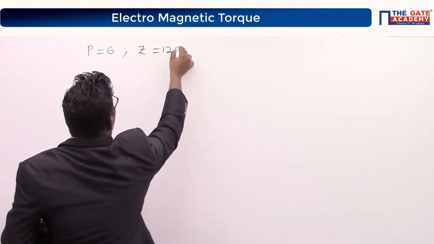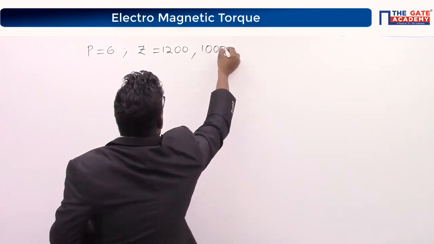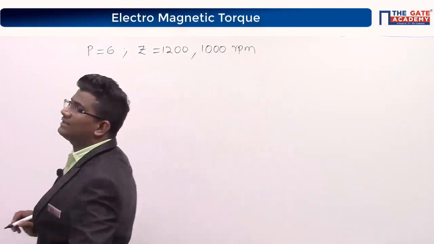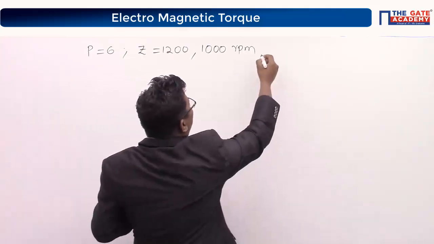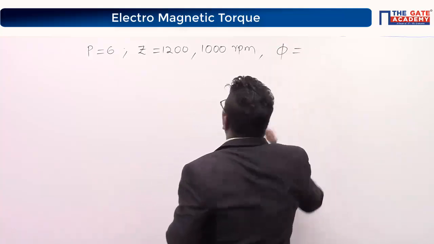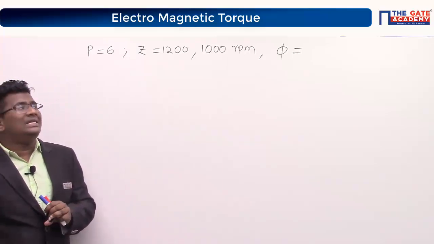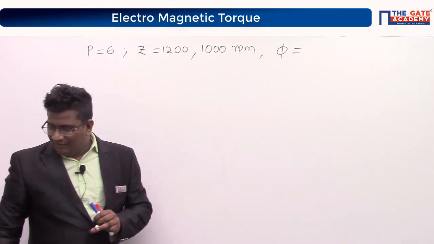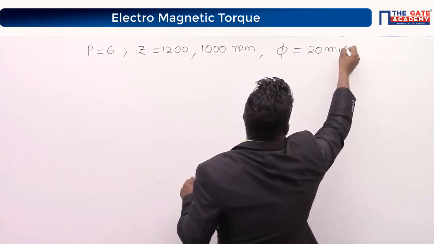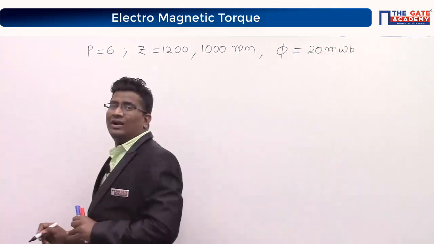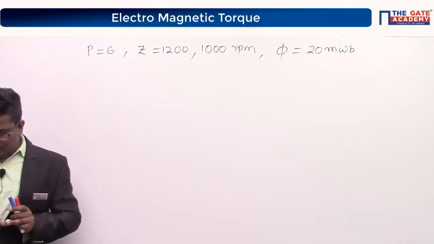A 6-pole, 1200 conductors, 1000 RPM DC generator operating with a flux per pole of 20 milliweber. Flux per pole I have given as 20 milliweber. Okay?